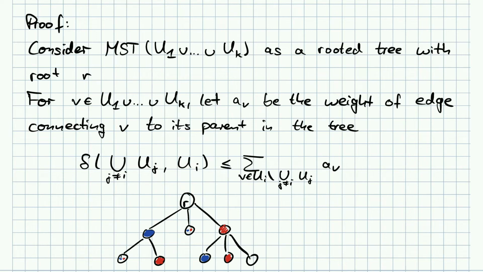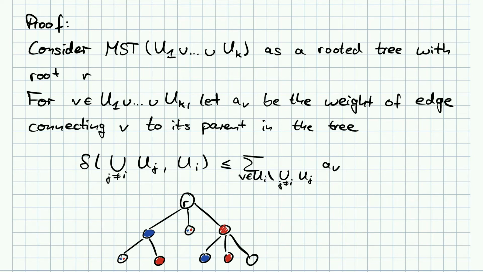Now let's say all of the red vertices are already connected. Here, by the way, this vertex is both in U1 and U2.